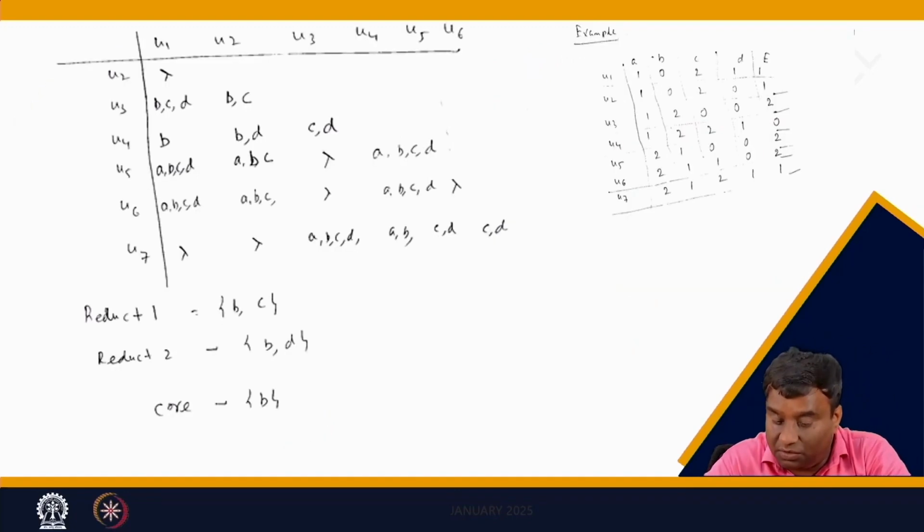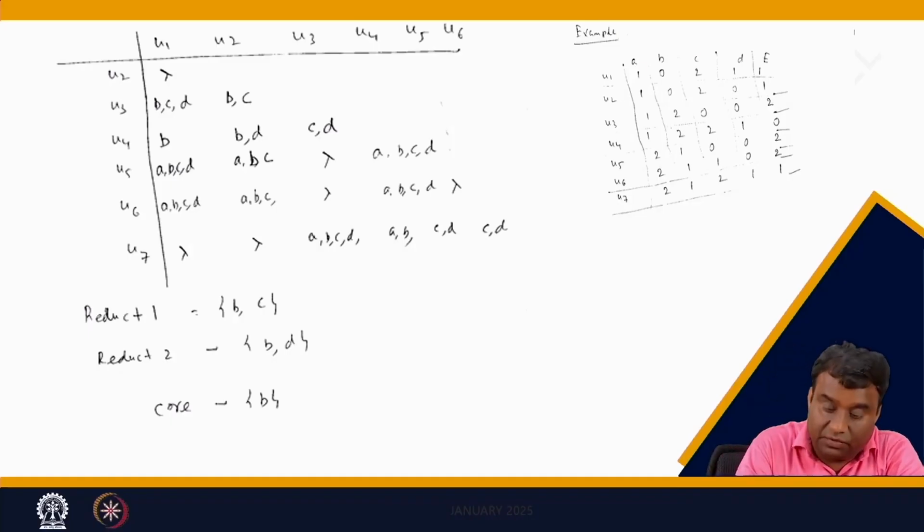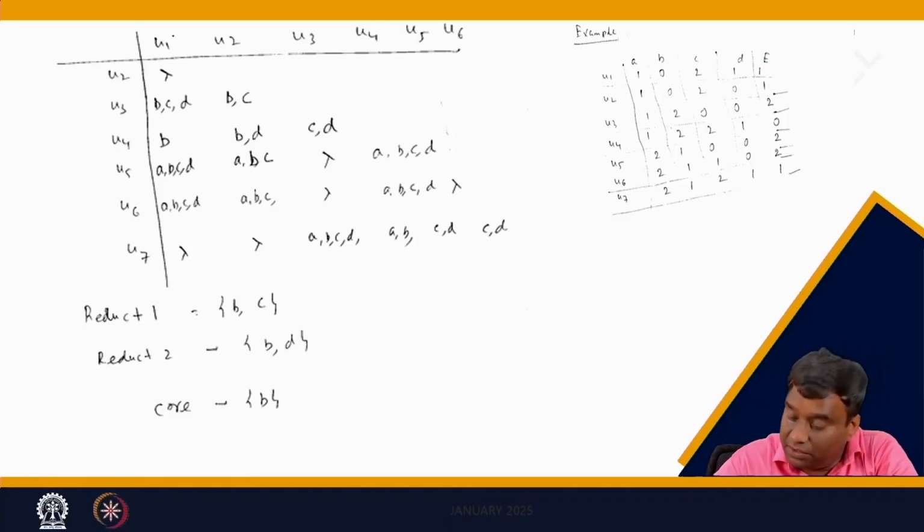So this is the table we write here. We eliminate the last column, that is u7, and the first row, that is u1. Now compare u2 and u1, this is same, so there is lambda. Compare u3 and u1, this is not same: A is same, B, C, D different.